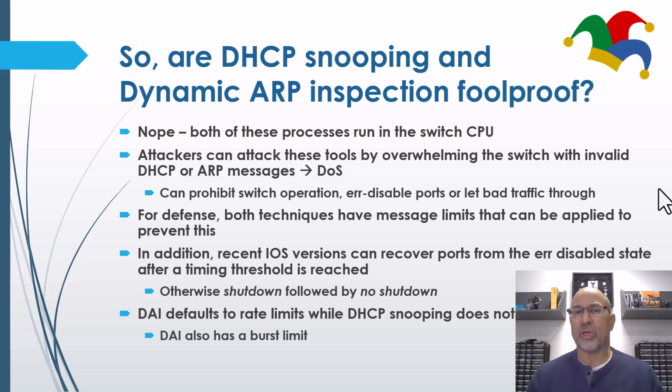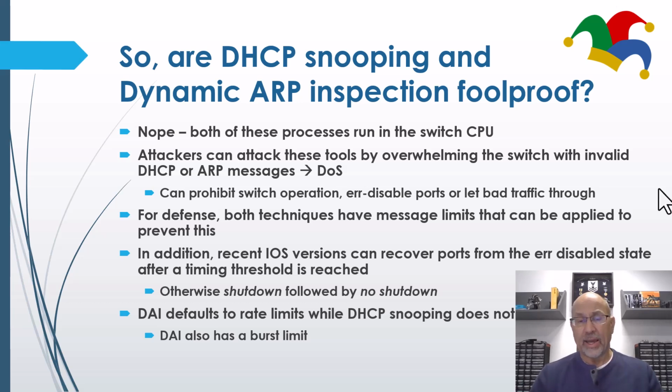And remember, to recover from error disabled, what you do first is shut down the port, and then you do a no shutdown on the port. And we talked a little bit before about how more recent IOS versions have the ability to recover themselves. And that is usually after a certain period of time where we have not received any bad messages, and then the switch will automatically bring that port back up.